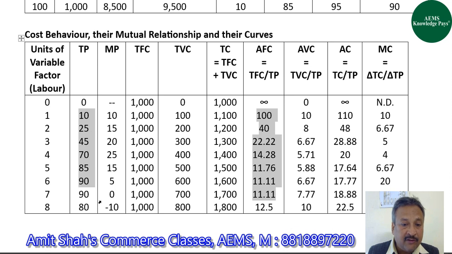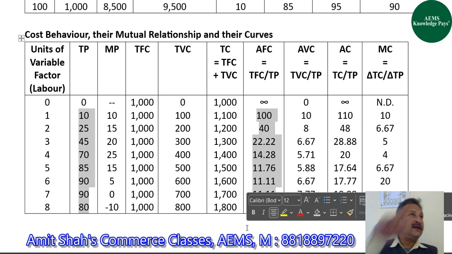After that it remained constant. Why? Because TP here is also 90. Then TP has decreased, and because of that, AFC has increased. Have you got this? AFC has a downward trend subject to what? TP must increase. But if TP stops increasing or rather decreases, then AFC will increase.